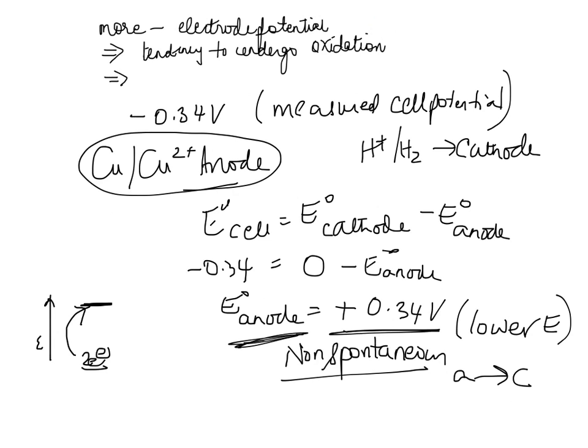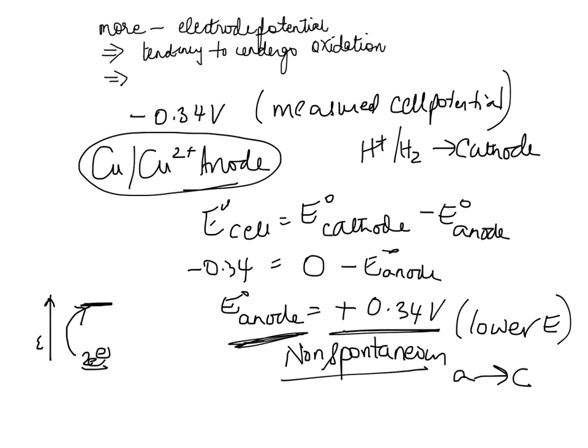So the copper half cell is kind of like a water tank in which you have a lower water level, and the electrons do not want to spontaneously flow from the copper electrode to the hydrogen electrode. So then what do you do? Well, there is not much that you can do.